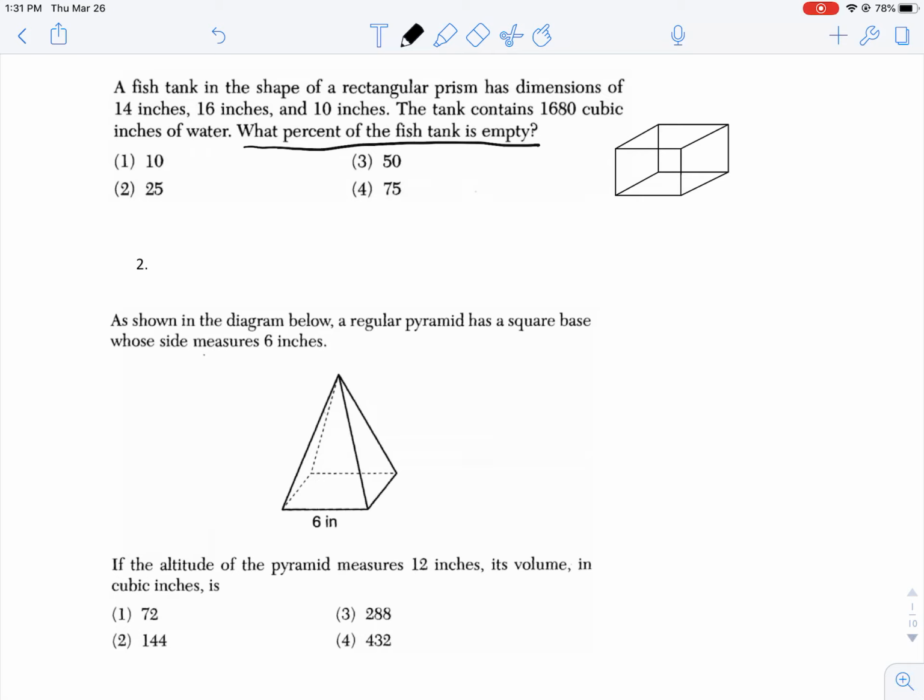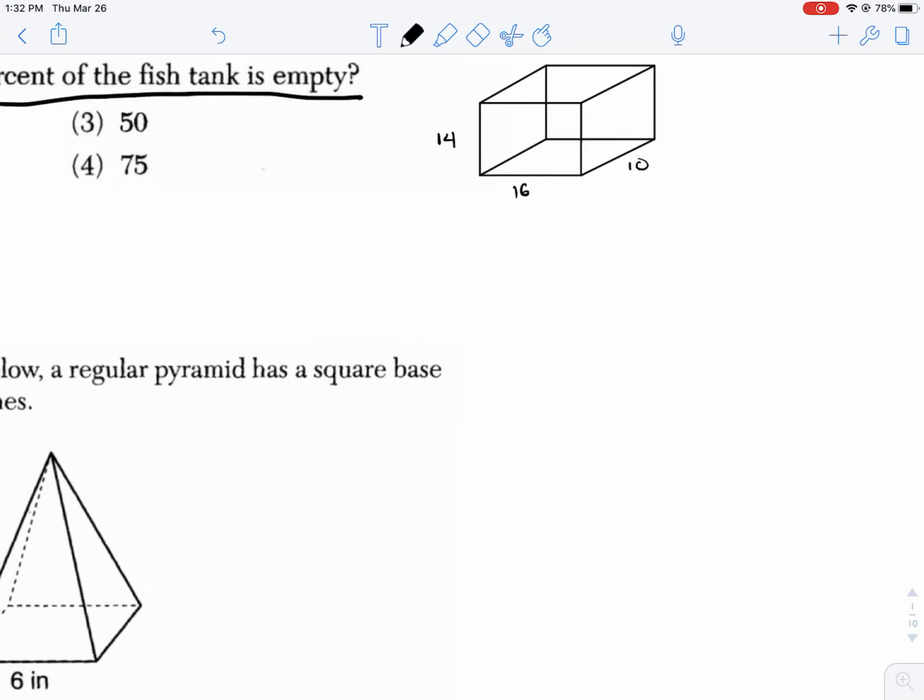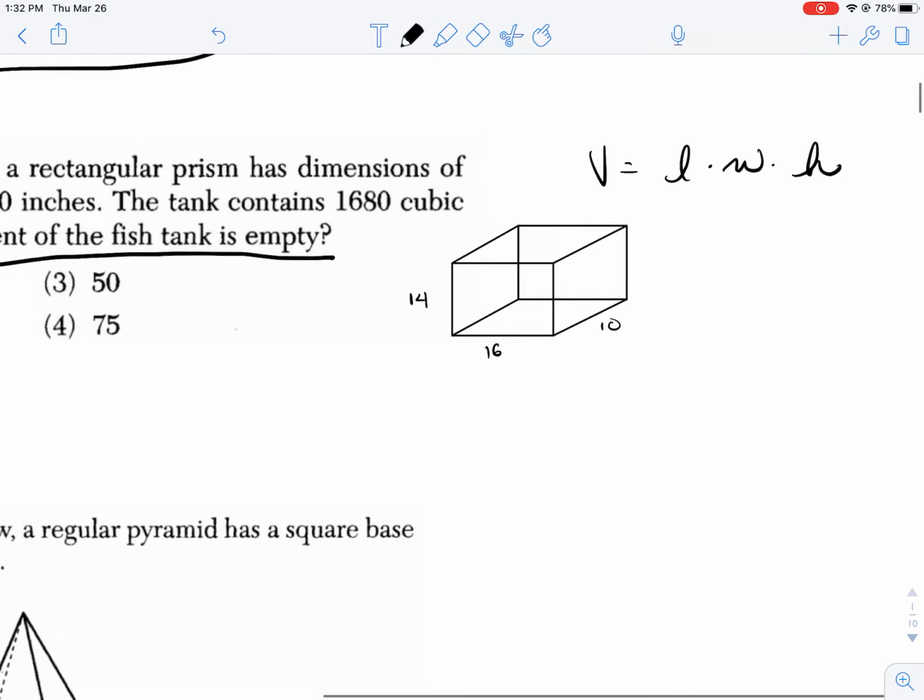All right, and so let me put some dimensions on there. Now they're not really specific. Okay, but the volume of a rectangular prism, right, is length times width times height. Okay, and now multiplication is commutative, so it really doesn't matter what order you multiply all these numbers in, but it's important that you multiply all 3 of these numbers.